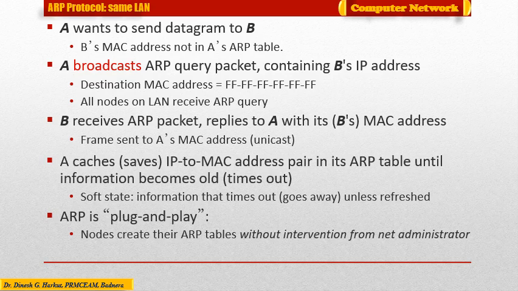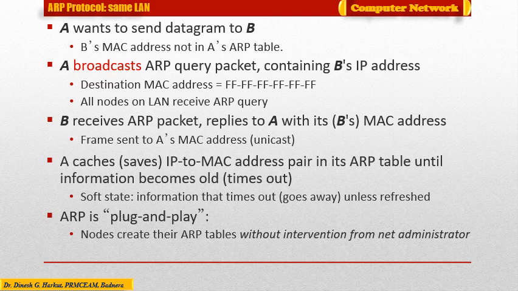The frame containing the ARP query is received by all other adapters on the subnet. Because of the broadcast address, each adapter passes the ARP packet within the frame up to its ARP module. Each of these ARP modules checks to see if its IP address matches the destination IP address in the ARP packet.